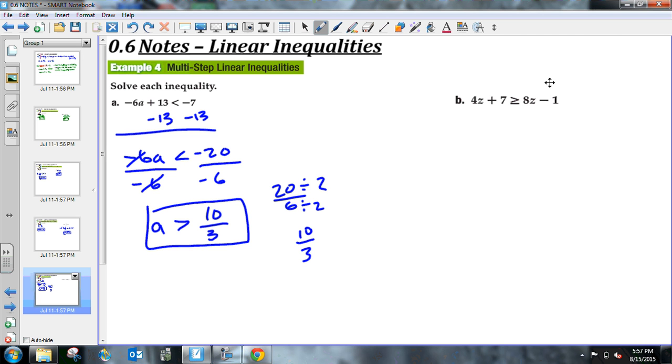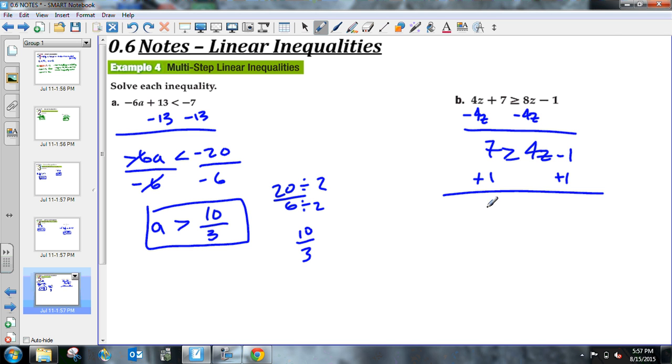Okay, so then over here, I want to get my z's on one side of the inequality and solve for z. So I'm going to subtract 4z from both sides. Okay, and my next step, I'm going to write 7 is greater than or equal to 8z minus 4z. That's actually just going to be 4z, and then minus 1. I'm going to then add 1 to both sides. And so then I get the value 8 is greater than or equal to 4z.